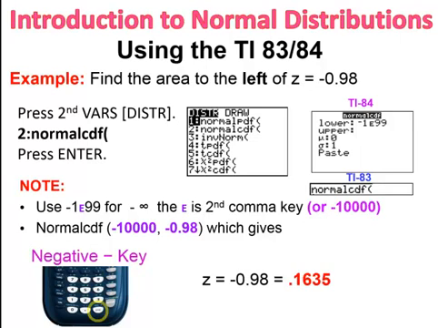So the area can be found by using the calculator, whether you have a newer calculator or an older calculator. In the newer calculator, you're going to have the negative infinity filled in, and then you put the z-value under the upper, and then you just enter through until you get your answer on the screen.